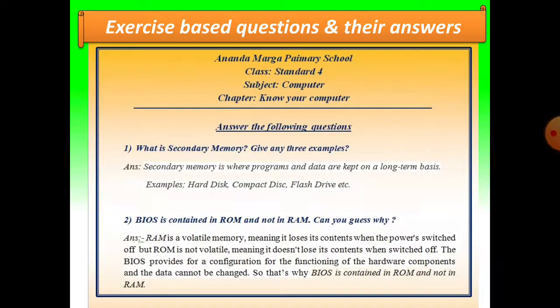So the answer is RAM is a volatile memory, meaning it loses its contents when the power is switched off, but ROM is not volatile, meaning it doesn't lose its contents when switched off. The BIOS provides a configuration for the functioning of the hardware components, and the data cannot be changed. So that's why BIOS is contained in ROM and not in RAM.